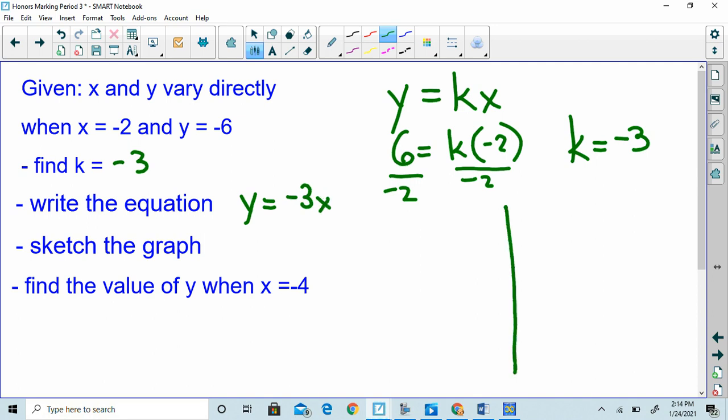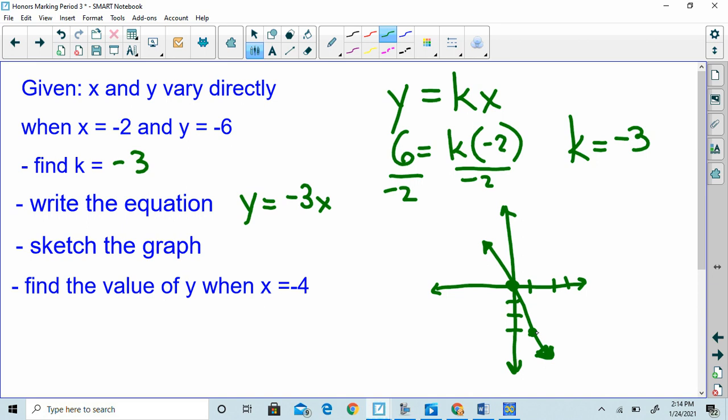To graph that, simply start at the origin. Because it's negative, we'll count down 3 and over 1 and connect the points. The problem might be extended with one more thing by asking you to evaluate.